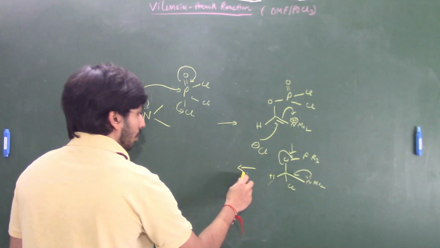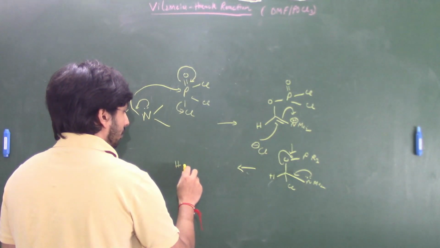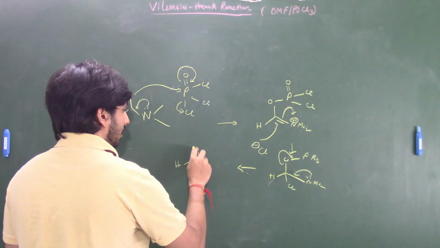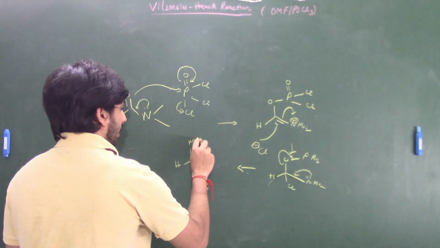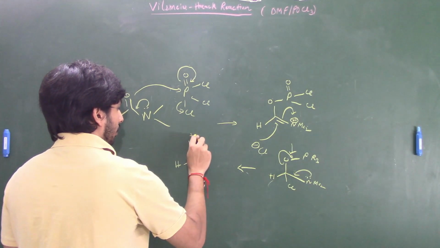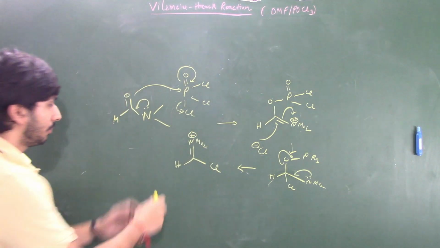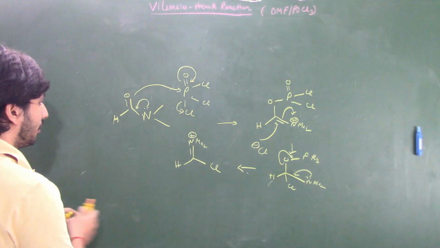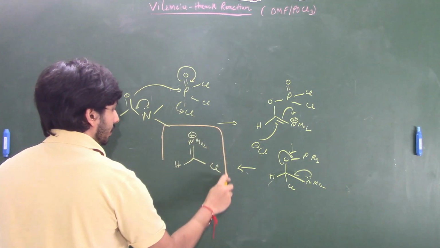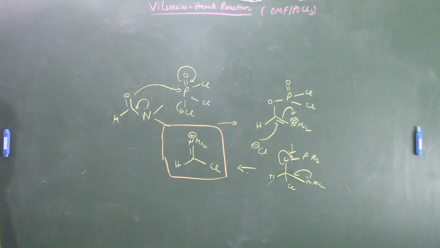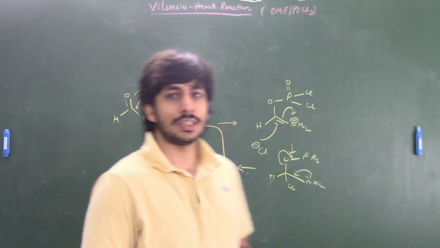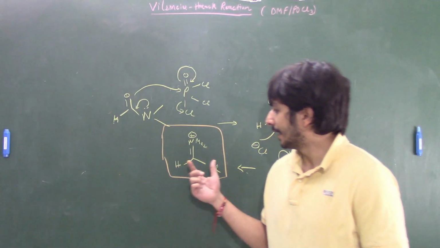This is very, very important. This is the very important intermediate that we get in a Vilsmeier-Haack reaction. So NMe2, again a positive charge, and we have a chloride over here. This intermediate is very, very important. What is it? It is basically an electrophile.